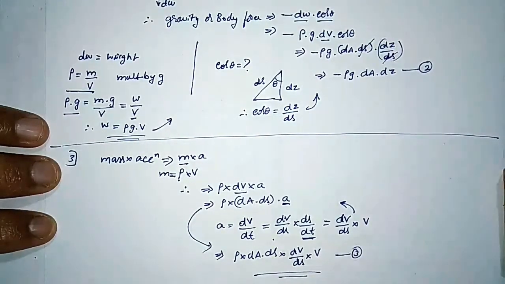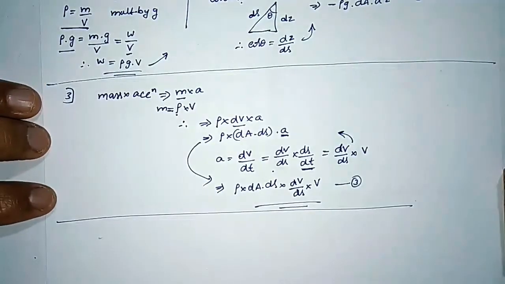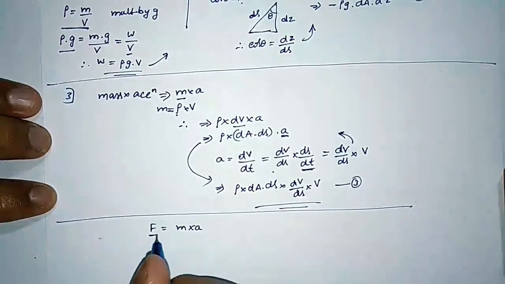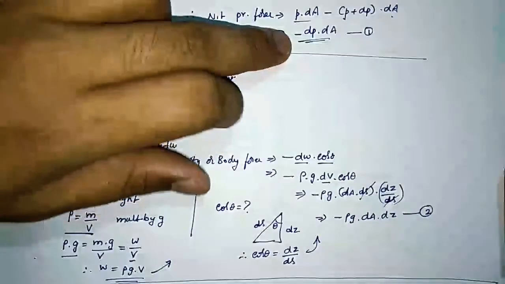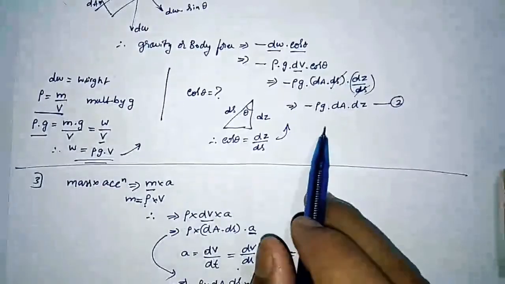Now it's time to substitute all these equations in the first equation, F is equal to ma. F is the net force acting. We have two forces: one is pressure force, second is gravity force. So we'll substitute that.